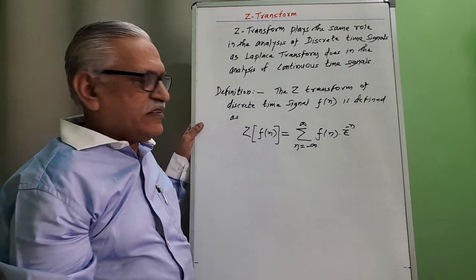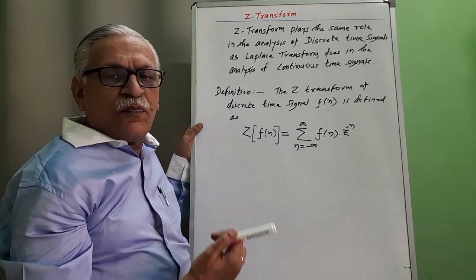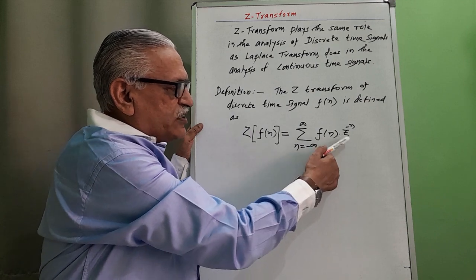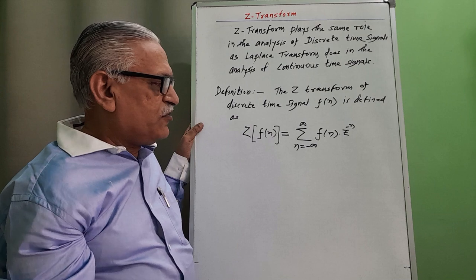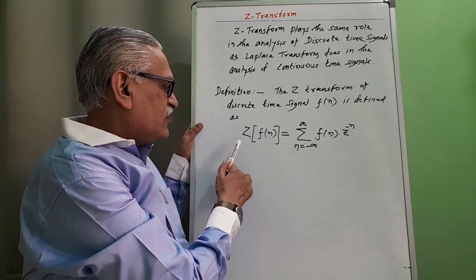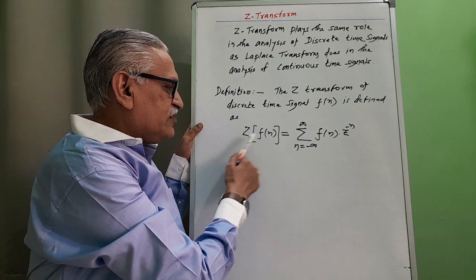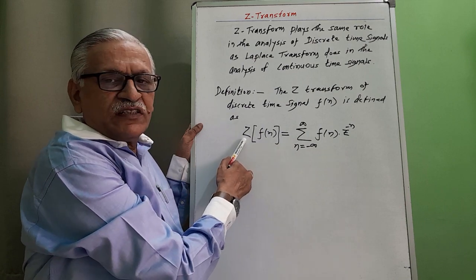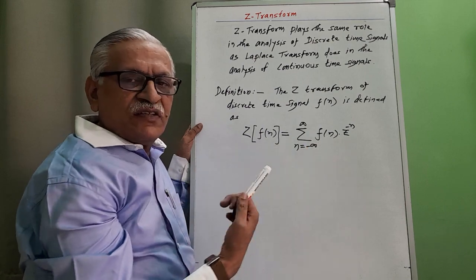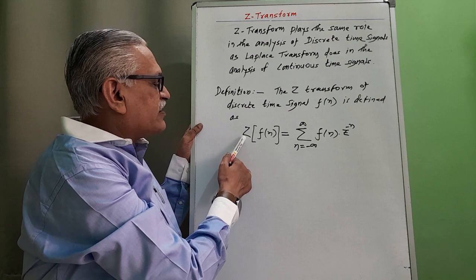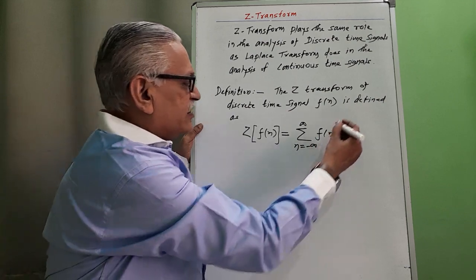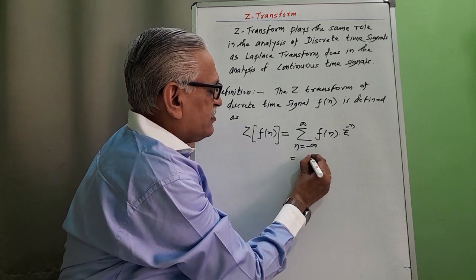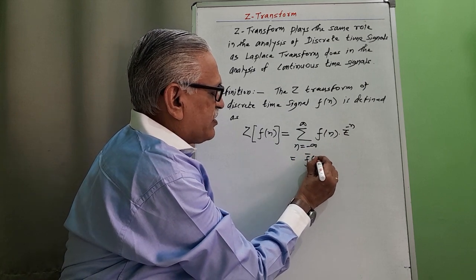Here are two types of z. Capital Z stands for the operator of Z transform, and this small z stands for the complex number. Therefore, be very careful while applying these two z. Small z represents the complex number, and capital Z represents the operator of Z transform, and the result of that is f bar of z.